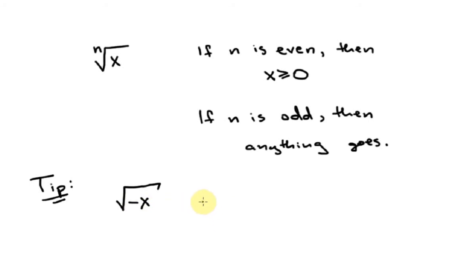So what's the scoop on the stuff under the radical? I'm square rooting stuff here, and this stuff better be positive, or this whole thing isn't going to work. So I need -x to be greater than or equal to 0.